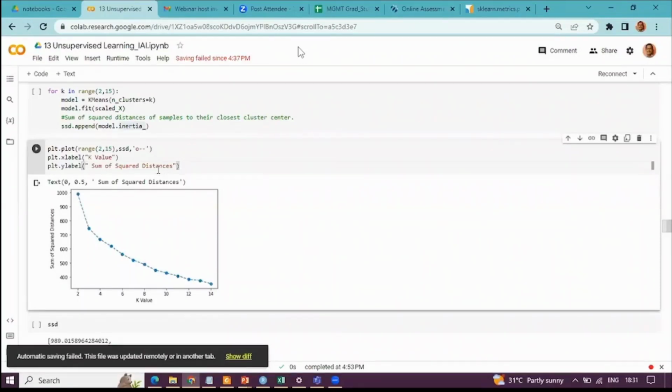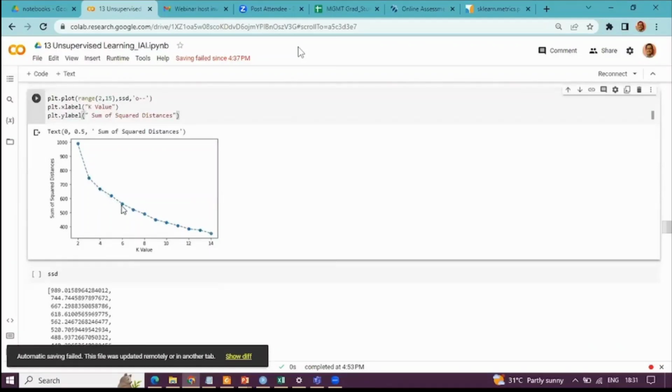the WCSS. Now, based on that, what we could see is, this is the way it is falling. Initially, we saw that the WCSS was somewhere around 1000, whereas when I go with a 14 cluster solution, I am seeing that the WCSS has come down to either 400 or even lesser than 400.